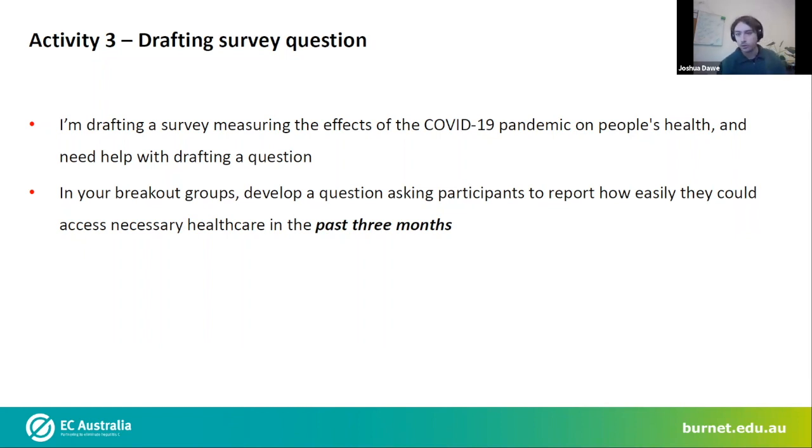Hopefully this will start a conversation around the right way to approach this question and how you could possibly do it. Five minutes again should be enough time for us to finish by 11, so if you could go into your breakout rooms and have a crack at this one.